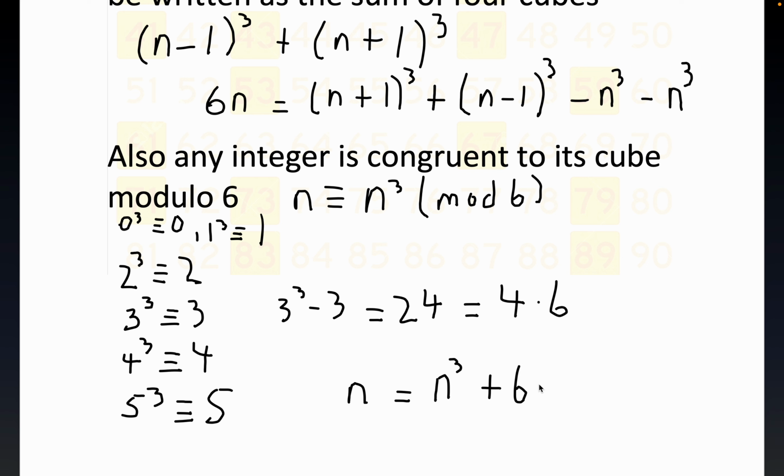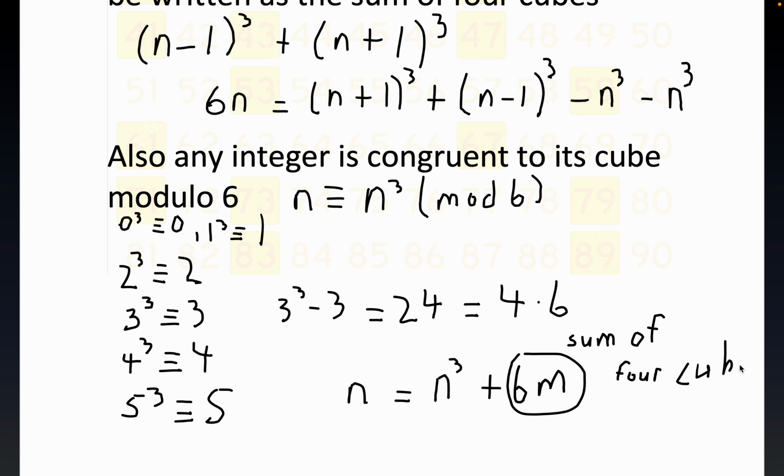Use a different letter. Okay, but guess what? 6 times any integer is always the sum of 4 cubes, right? So this part right here, by our previous lemma, is the sum of 4 cubes.